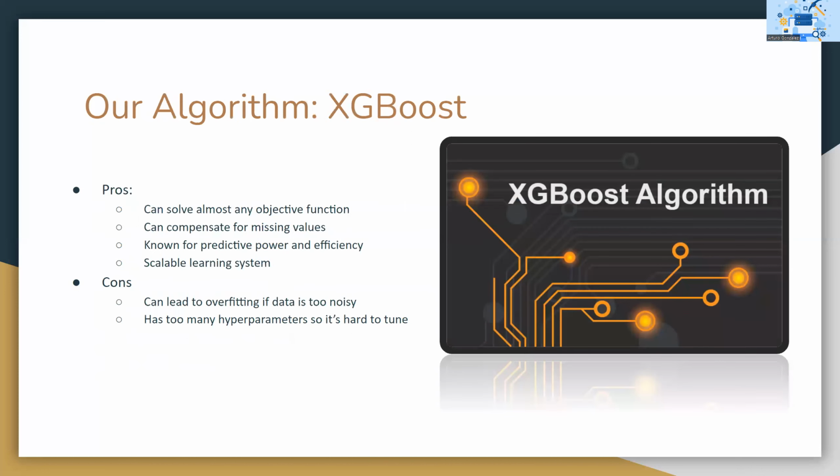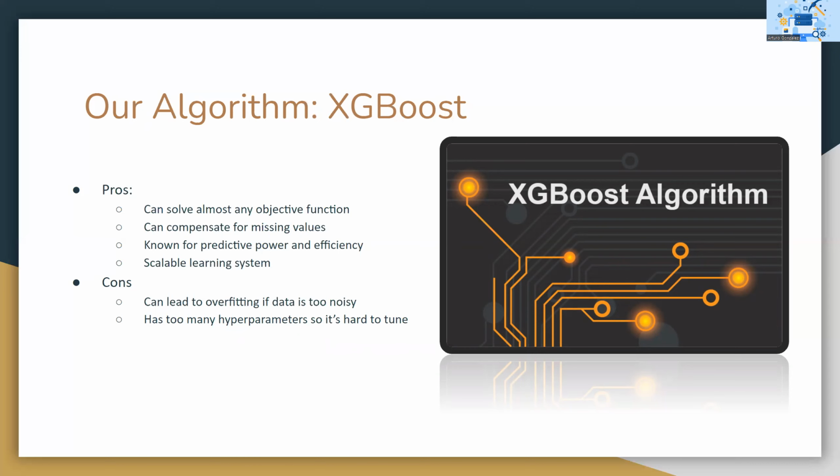So for our algorithm, we went with XGBoost. We found some of the pros are that it can solve almost any objective function. It can compensate for missing values, which is great, because there might be missing packets, there might be missing data that you don't necessarily have.